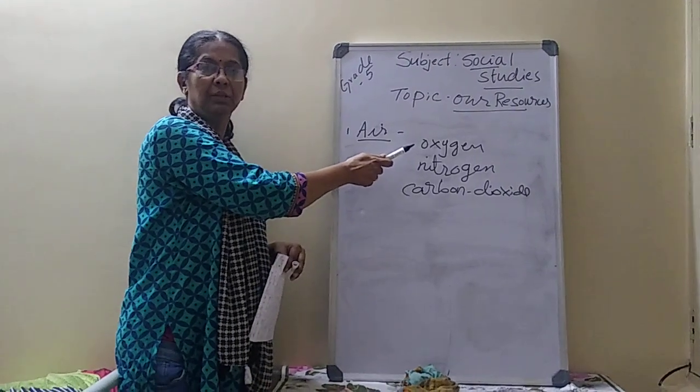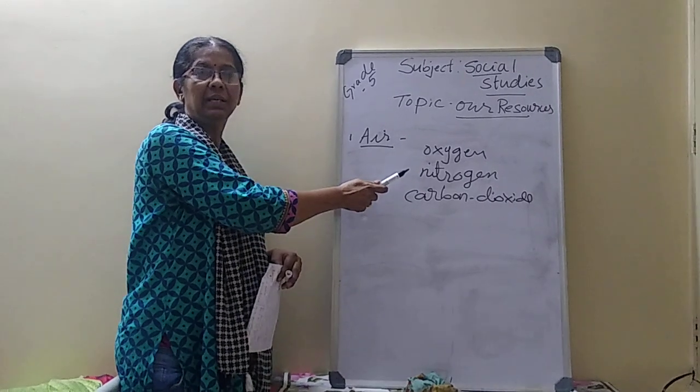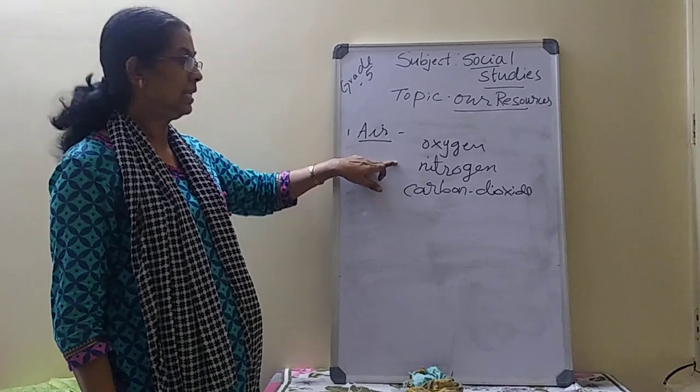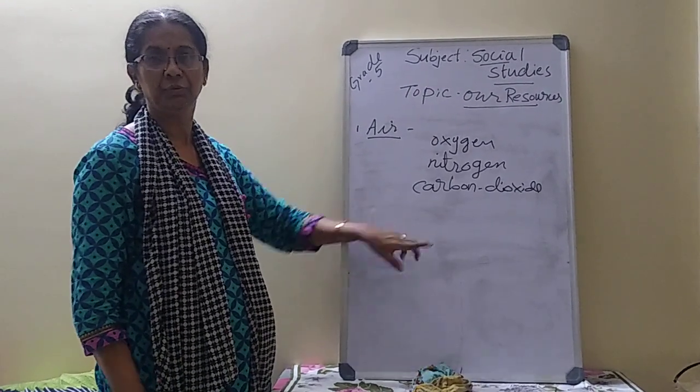We all need air to breathe, and nitrogen is used in chemical factories to make fertilizers, and plants use carbon dioxide to prepare their food.